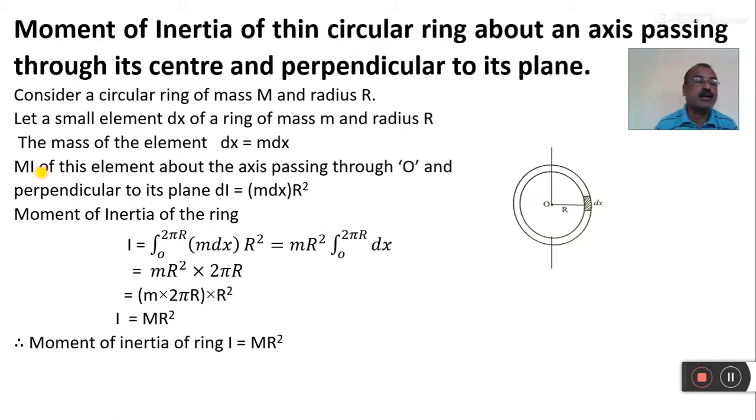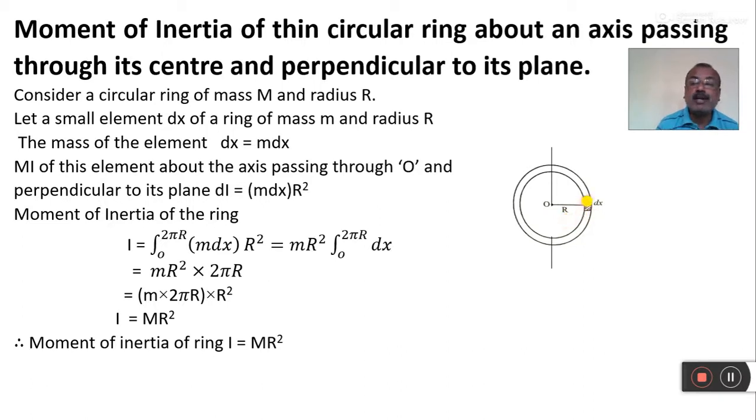The moment of inertia of the element about this axis is given by dI is equal to m dx into r squared, where m dx is the mass of the element, and r is the distance from the axis to the element. Therefore, we can write m dx into r squared. This is for one element.